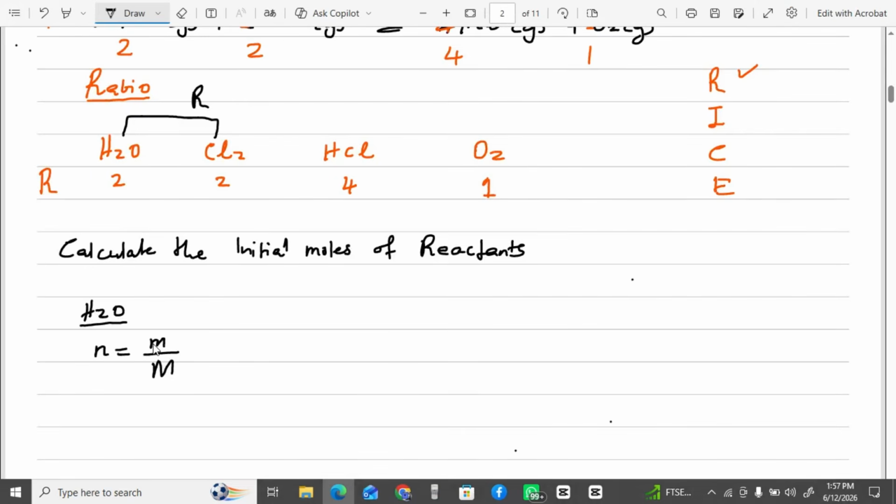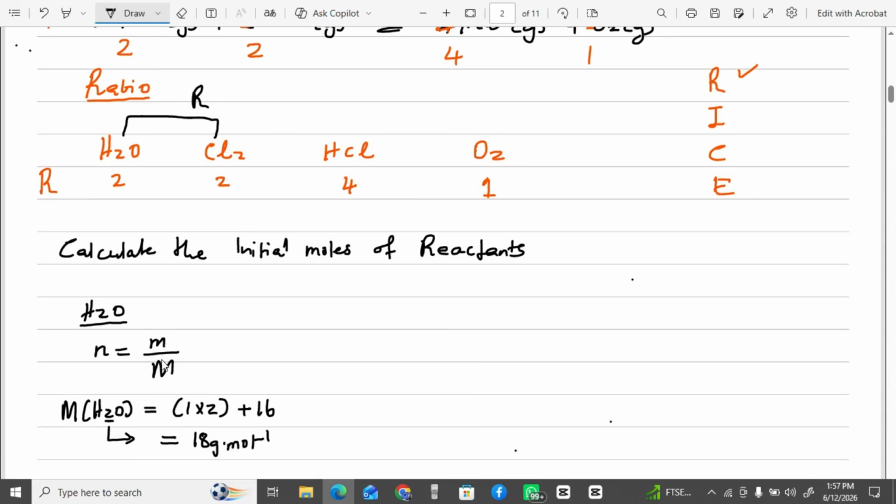So the molar mass of H2O equals 1 multiplied by the subscript 2, plus 16 for oxygen, so 1 times 2 is 2, plus 16 is 18 grams per mole.